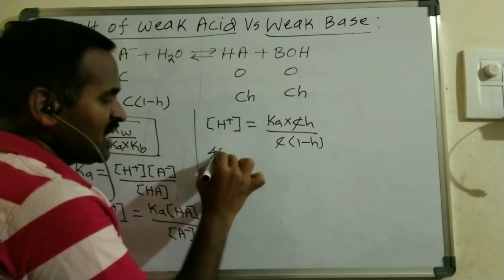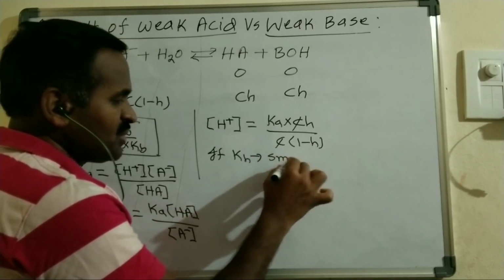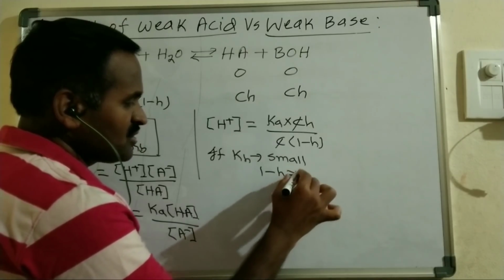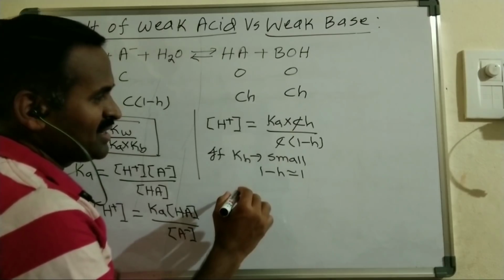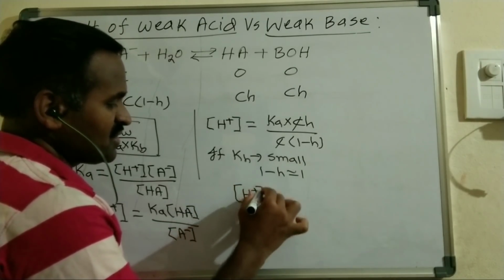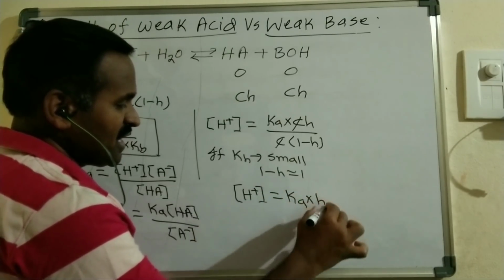Kh is small or very small, so 1 minus h is nearly equal to 1, so the denominator 1 minus h you can neglect, and simply I can write H plus ion concentration is equal to Ka into h.